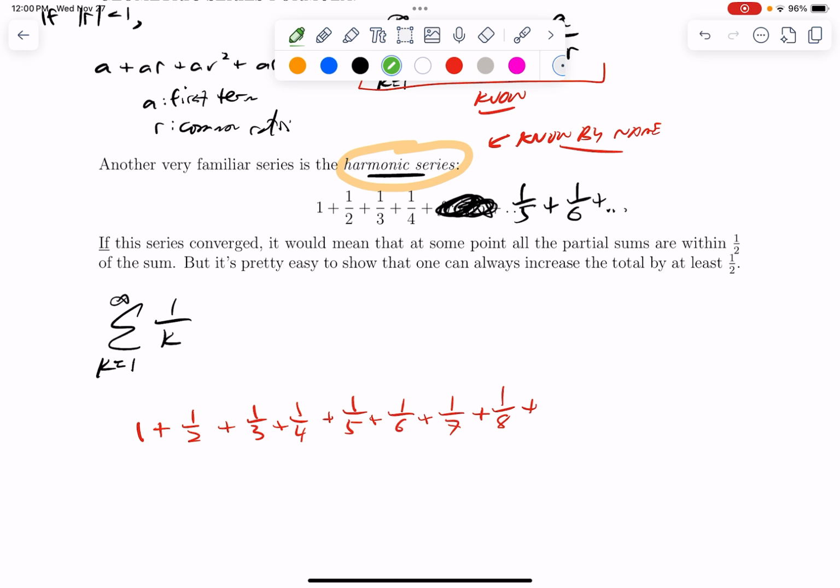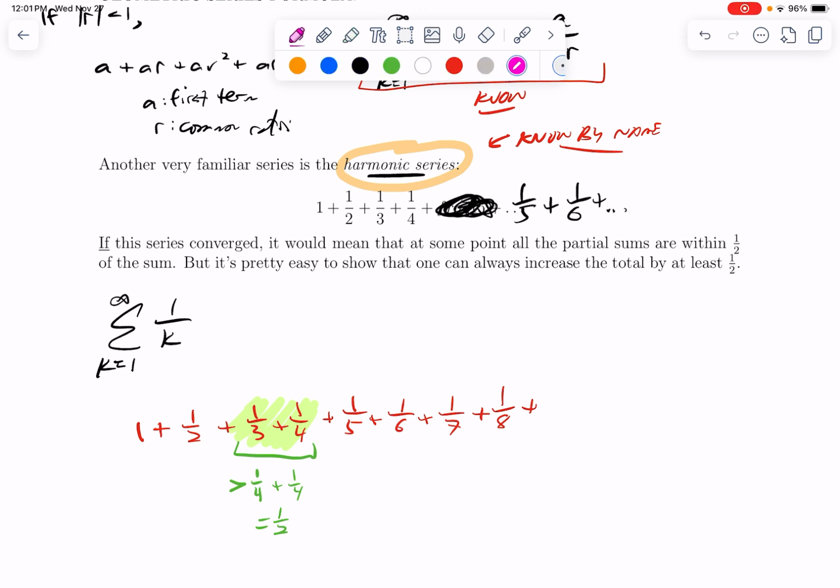Because let's notice, I have 2 fractions here. This one is 1/4, and this one is bigger than 1/4. So that total is bigger than 1/4 plus 1/4, which is 1/2. So when I add these together, it's more than 1/2.